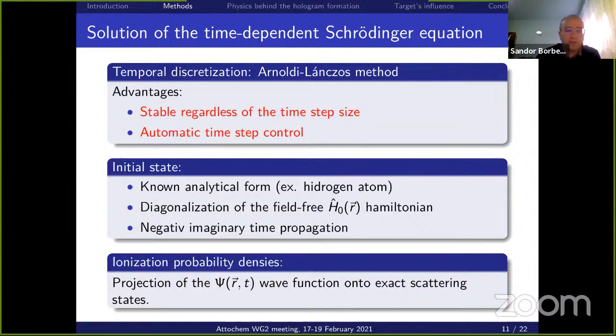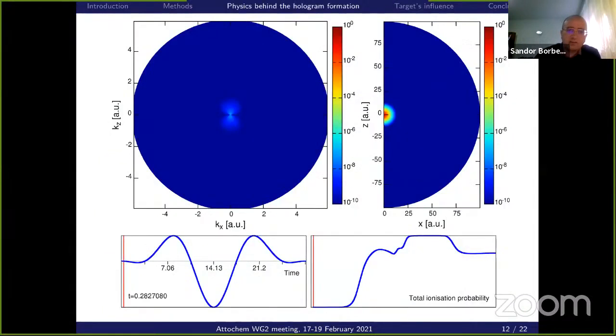In more complex systems, we just diagonalize the field-free Hamiltonian, or we perform a negative imaginary time propagation. As a result of our TDSE simulation, we obtain the time-dependent wave function, from which the ionization probability densities are extracted by projecting these wave functions onto exact scattering states.